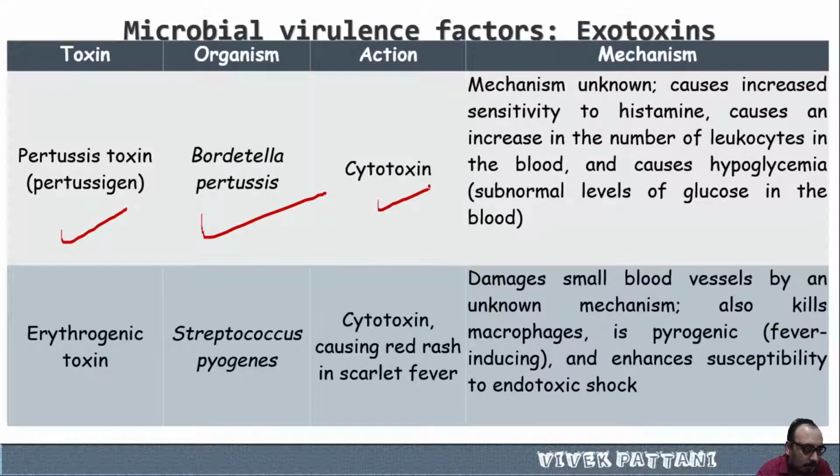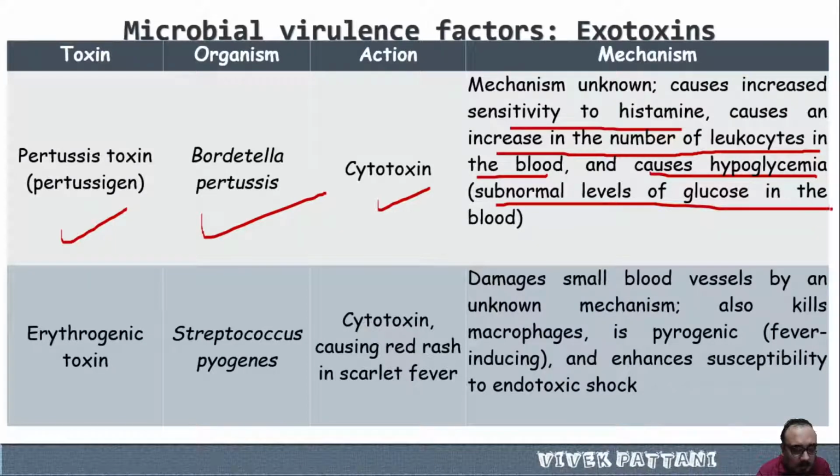The mechanism is unknown, but it causes increased sensitivity to histamine, an increase in the number of leukocytes in the blood, and hypoglycemia. What is hypoglycemia? It is subnormal levels of glucose in the blood.